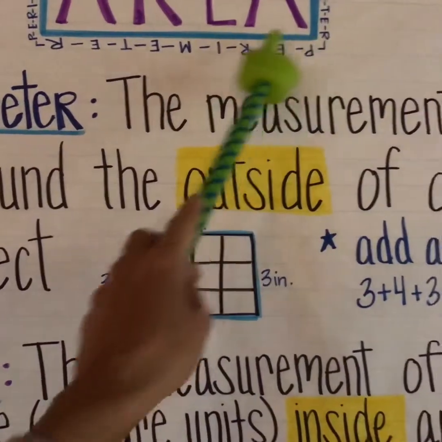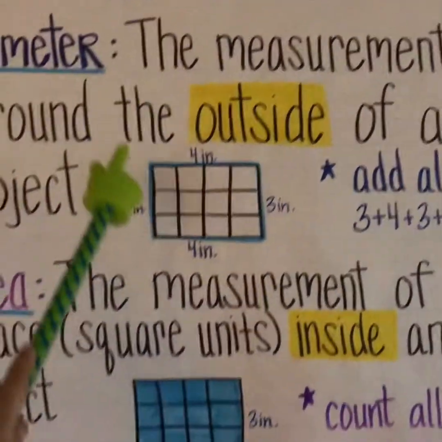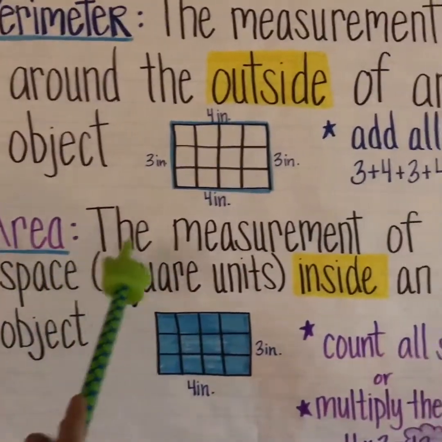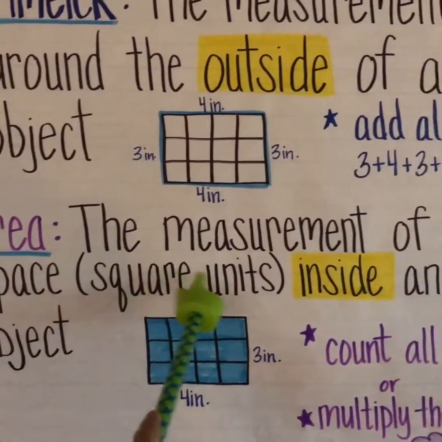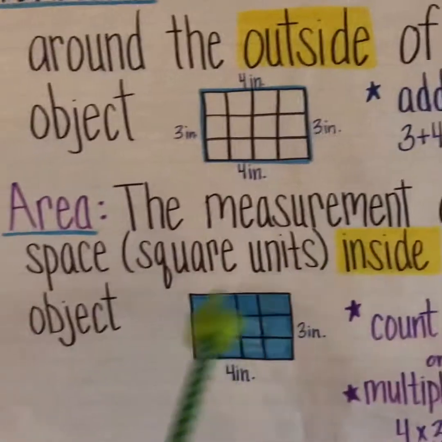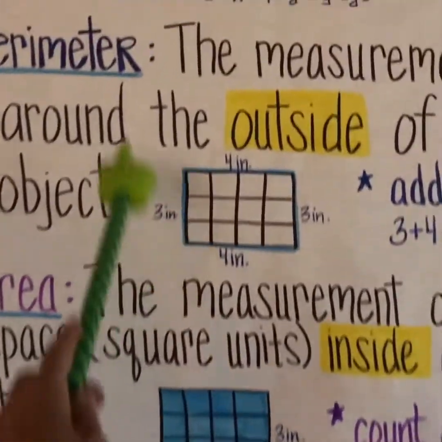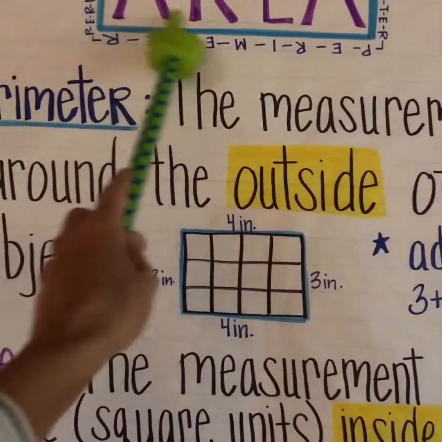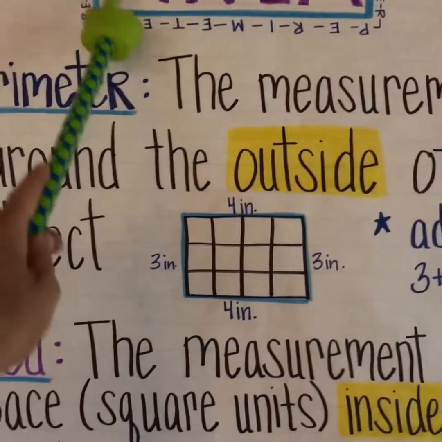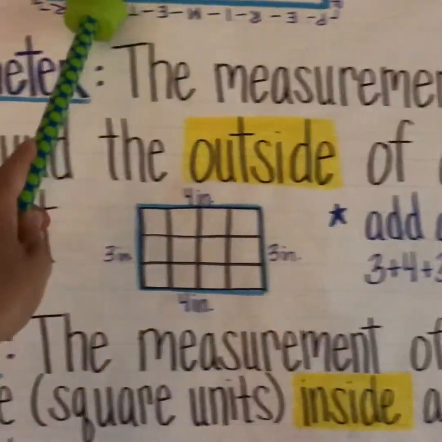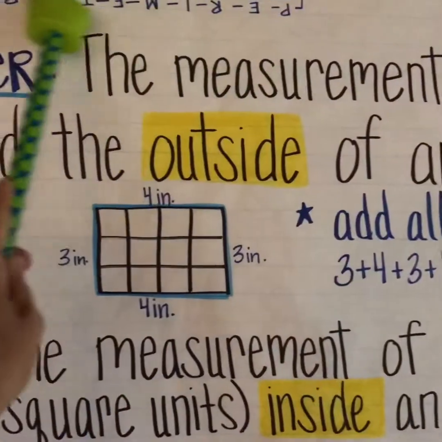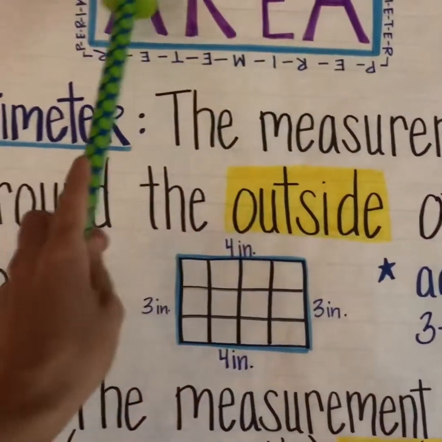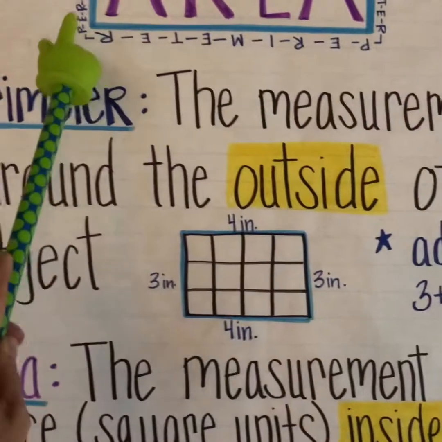That's the length outside the shape. The area is the measurement of space, square units, inside an object. And we wrote the title area inside the rectangle to show the difference. In this rectangle, the amount of space inside is called the area, and the amount of space outside is called the perimeter.